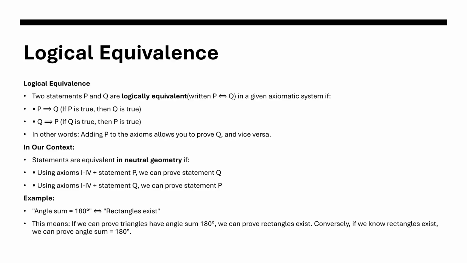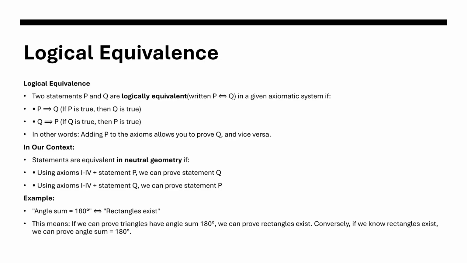So when we say statements are equivalent in neutral geometry, we mean that we start with axioms 1 to 4 of Hilbert. Take note that Hilbert's axioms 1 to 4 are neutral geometry, meaning we don't use the parallel postulate. And then adding any one of the equivalent statements gives us the same theory.